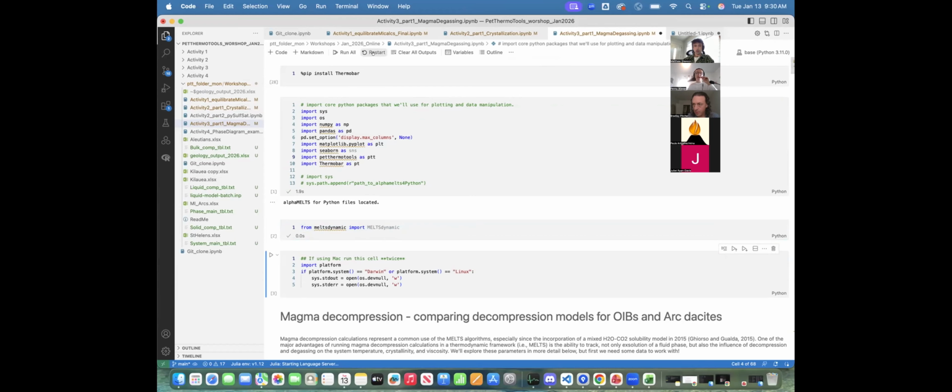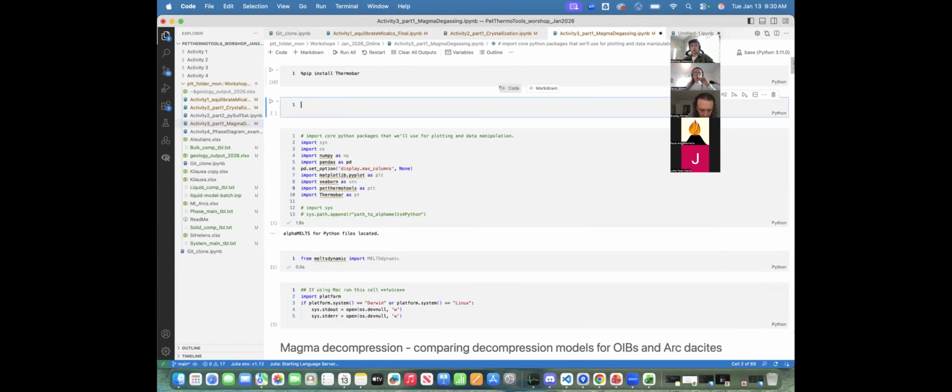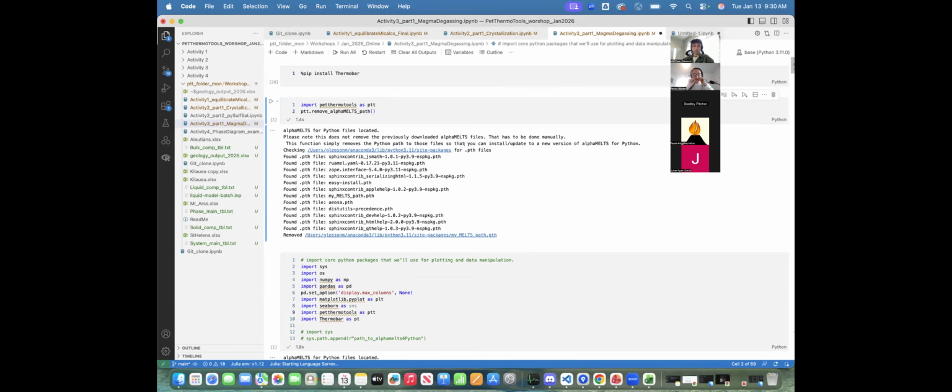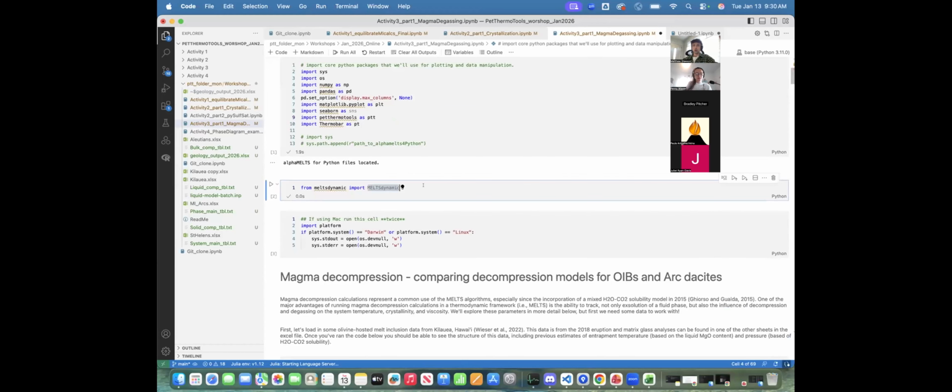If the alpha melts files are on the path, this line should just work perfectly. If I restart my kernel, I can quickly show what would happen if. Don't do this, by the way. This is me showing what will happen if I restart the kernel.